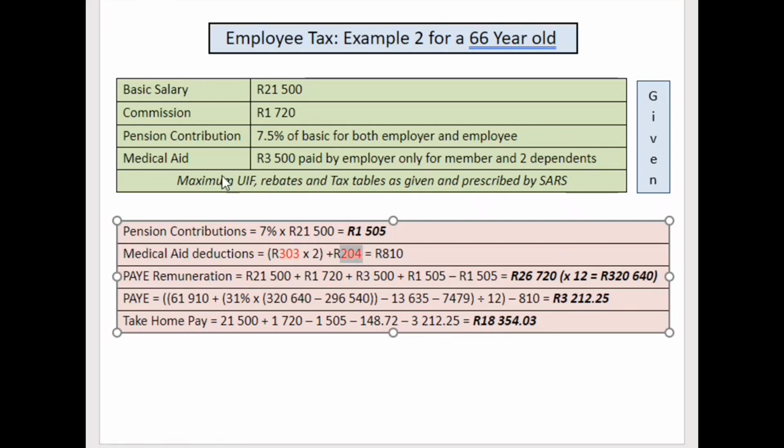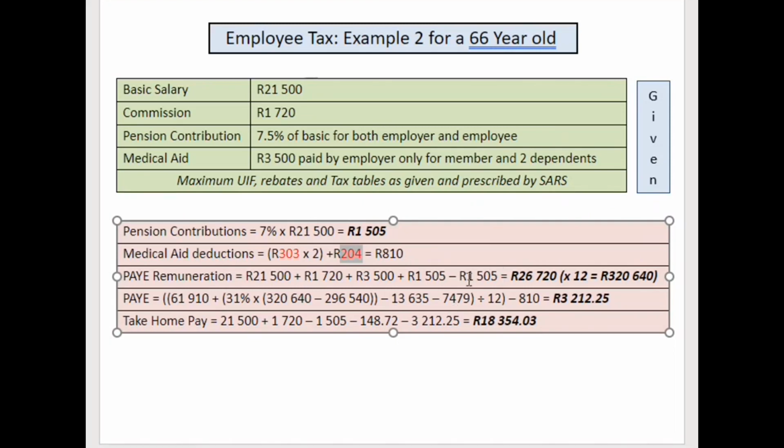So now we add his pay as you earn remuneration, the basic plus the commission plus the medical aid, plus the pay as you earn remuneration that he received. And then I made a mistake here because this minus should have been 1505 times 2.